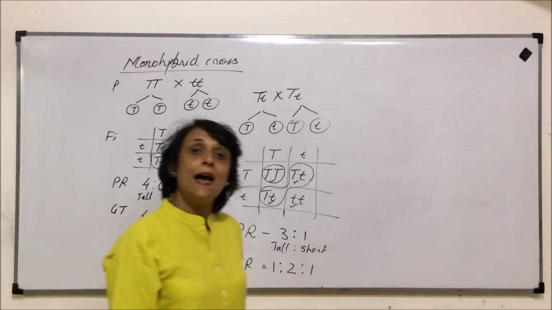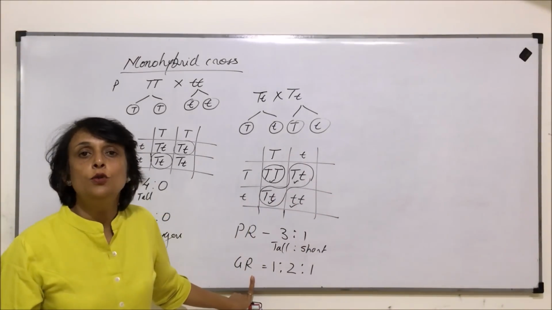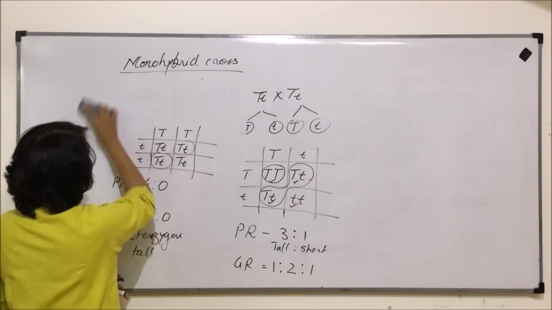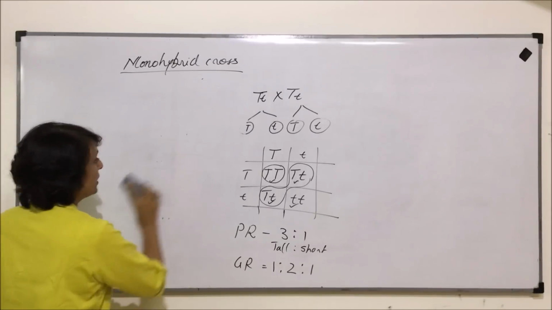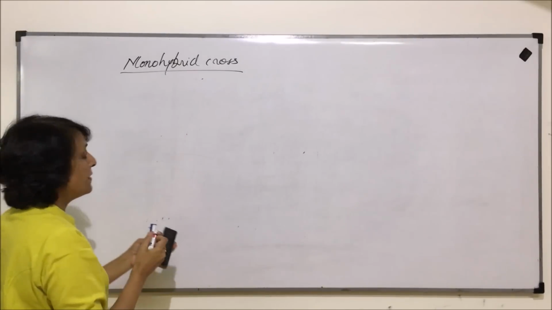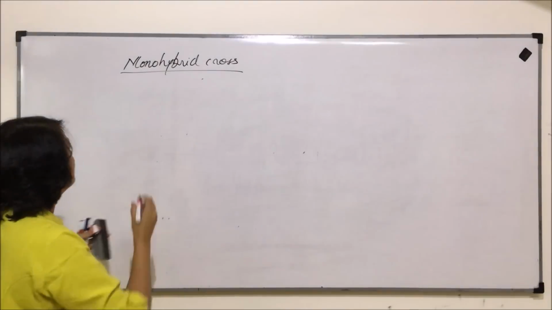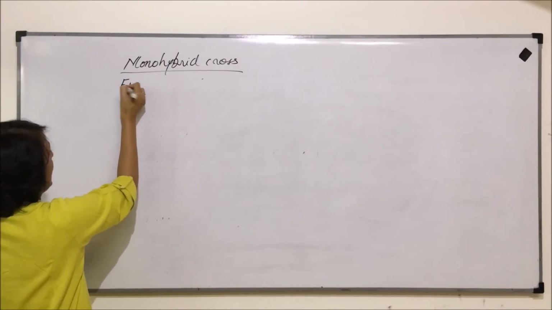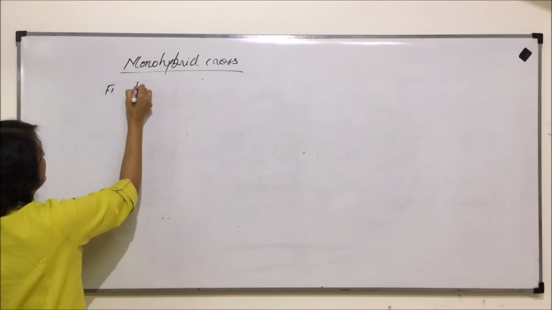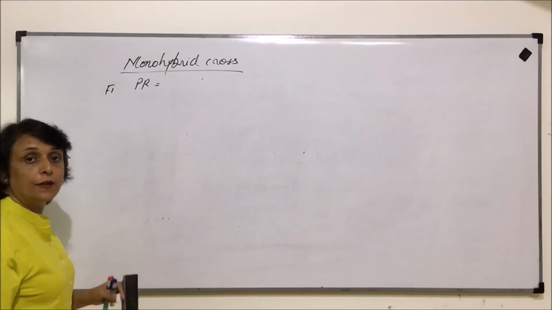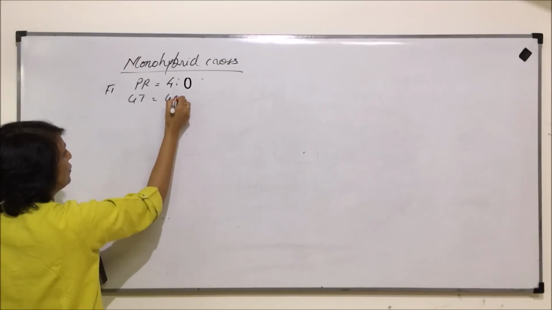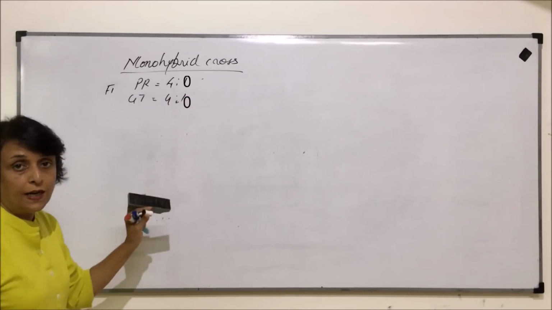Now let us take a dihybrid cross and reach the F2 phenotype and genotype ratios. I'm going to leave it here and we will write down the ratios for the monohybrid cross, so that when we write that small formula, it will help us. In F1, the phenotype ratio: all were tall, and genetically also all the same.